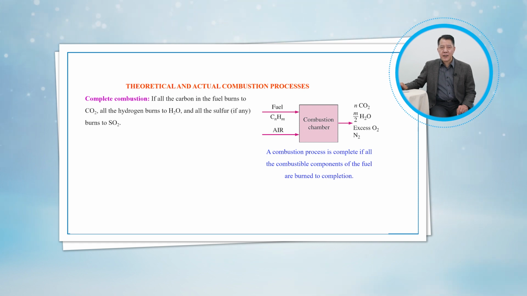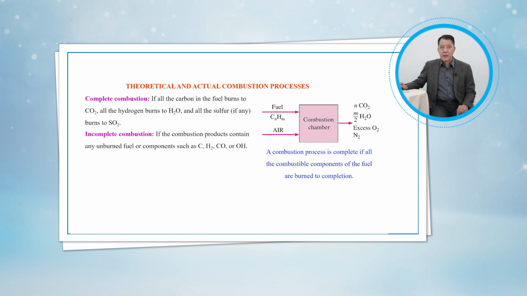A combustion process is complete if all the carbon in the fuel burns to carbon dioxide, all the hydrogen burns to water, and all the sulfur burns to sulfur dioxide. That is, all the combustible components of a fuel are burned to completion during a complete combustion process.